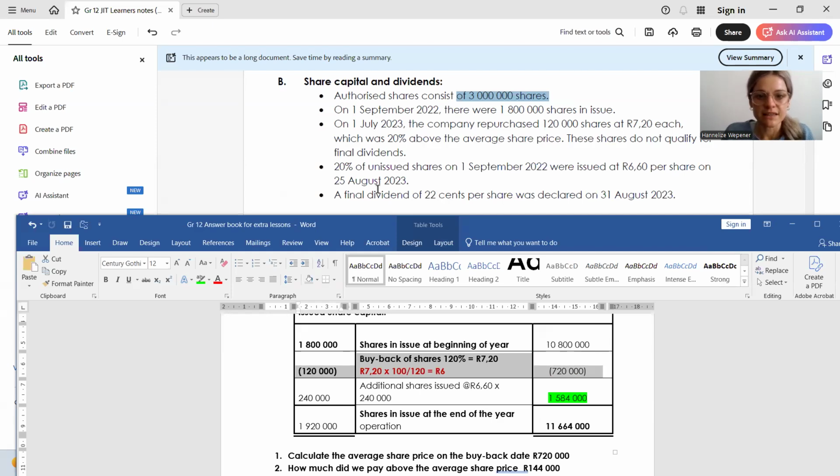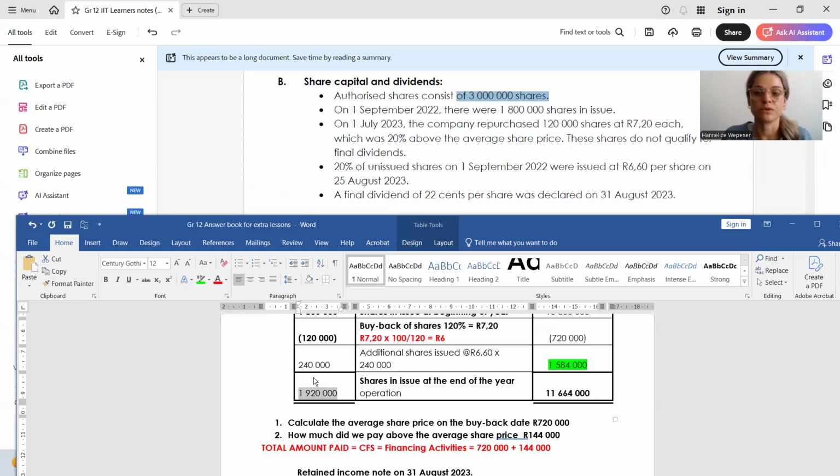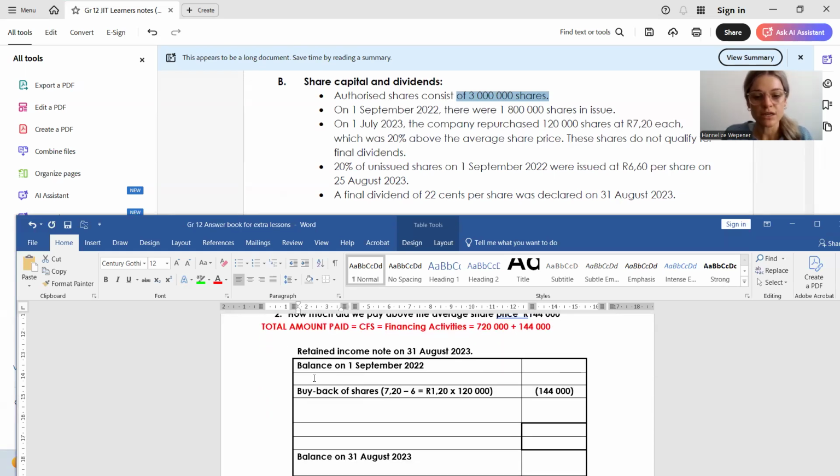Okay, so it says here that a final dividend of 22 cents per share was declared on the last day of the financial year. So in other words, we started with the 1.8 million shares, then there was a buyback, so they do not qualify for dividends, and then we issued additional shares. So whatever your total number of shares in issue was at year end, those are now the people that qualify for a final dividend.